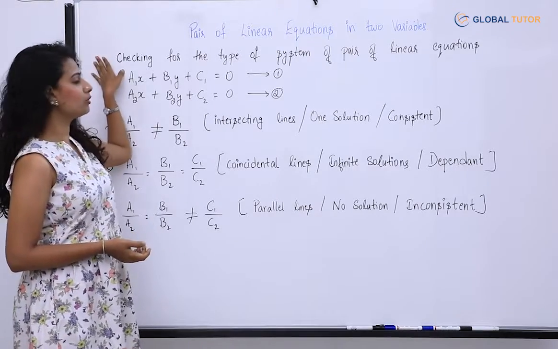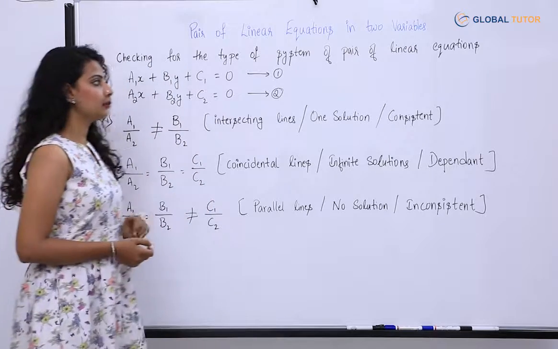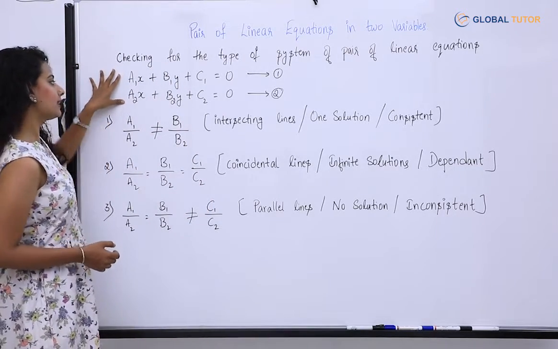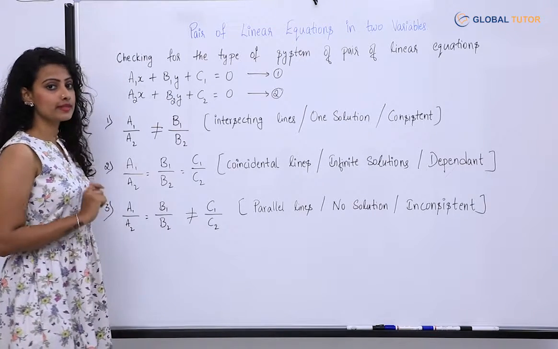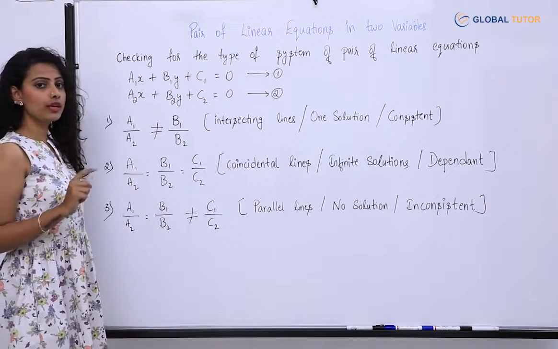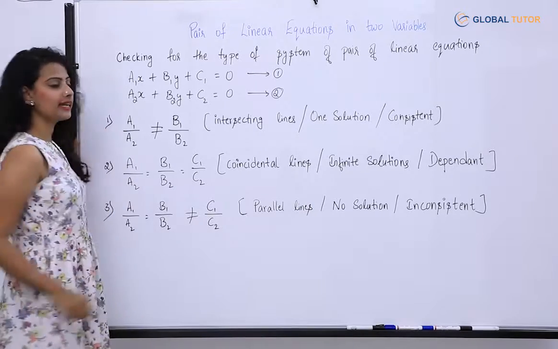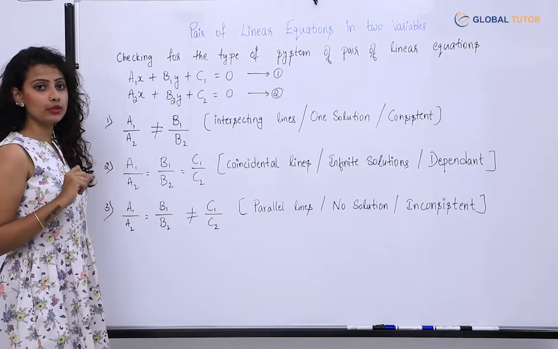How do we find out the type of system of pair of linear equations? Now consider we got two general equations of a straight line. The first one is a1x plus b1y plus c1 is equal to 0. The second one is a2x plus b2y plus c2 is equal to 0. Now when we have two straight line equations, how do we find out the type of pair of linear equations?